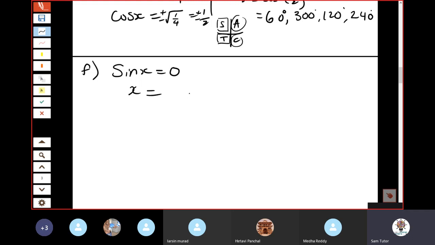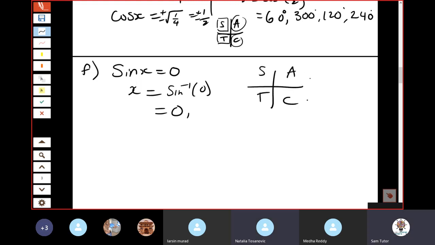So x equals? 0. Oh, sine inverse sine 0, but isn't that just 0? That is 0. And then? Where is it positive? Yep, which would be? A and S. Yep, so your other answer is? 180 minus 0, so just 180.